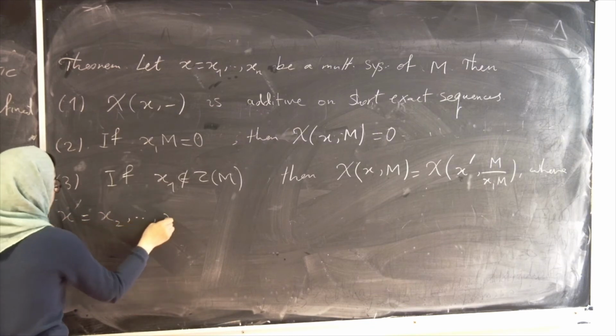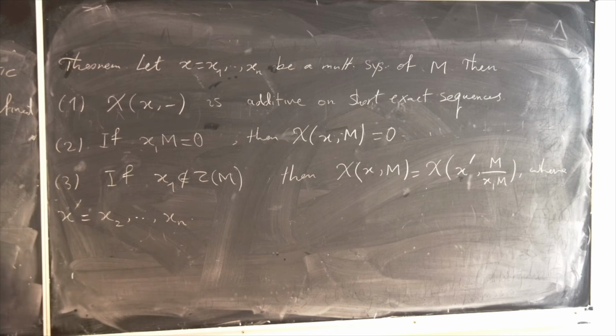This lemma, these basic properties of chi, we use later, especially for this nice criterion for Cohen-Macaulayness that we are interested in.